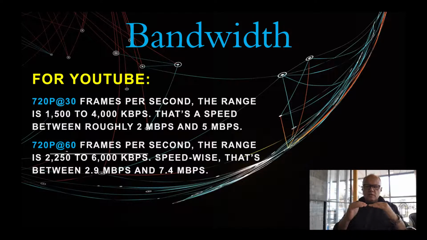Because there is that fluctuation, which is much greater than that of Facebook, they require much more bandwidth so you can be sure that your stream is going to be stable and not going to have any frames lost or crashes or anything of that sort.